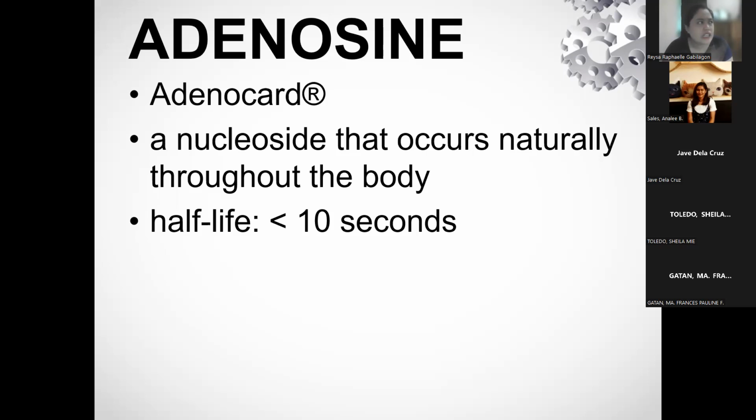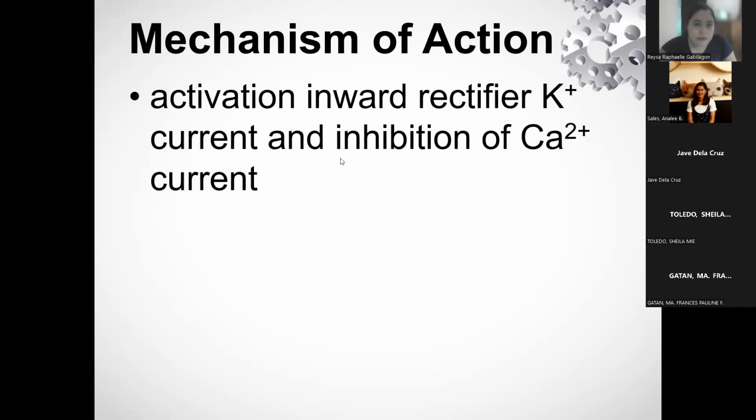It's actually way shorter than esmolol. Esmolol is less than 10 minutes. Ito, adenosine less than 10 seconds. So definitely, we're going to give this as continuous intravenous injection. Parang IV fluid siya na continuous na ibibigay.